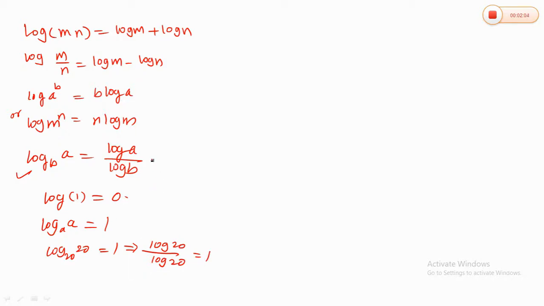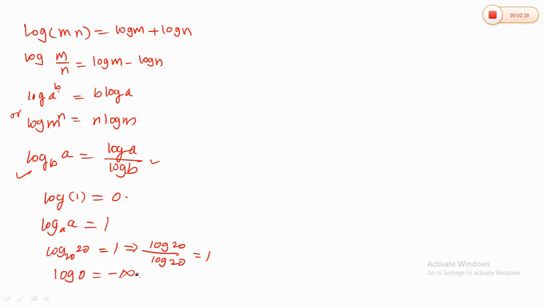Also remember that log of 0 is equal to minus infinity.